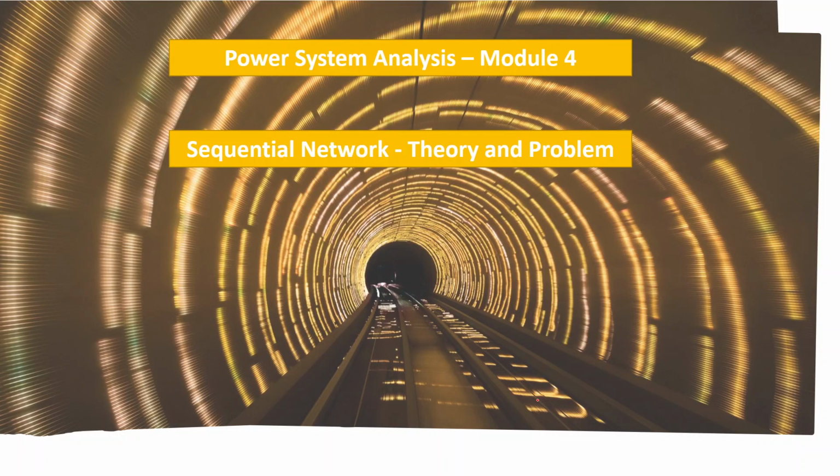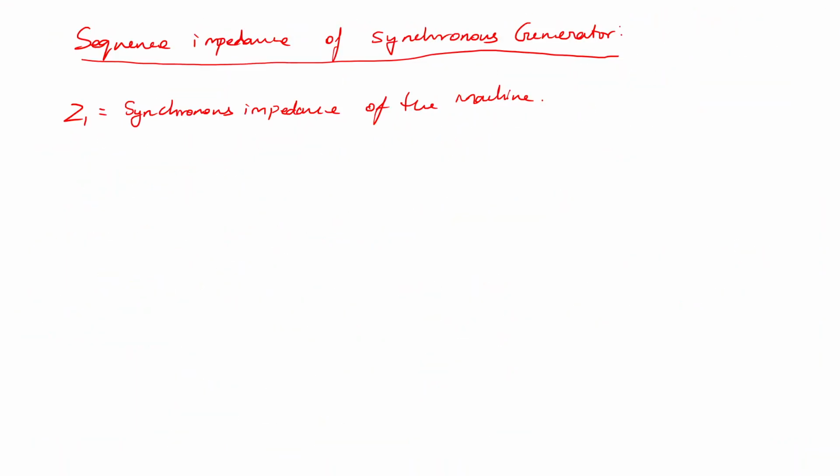Very good. So it is the positive sequence impedance of the synchronous generator, for the balanced condition. And one more thing: is this synchronous generator a static or a rotating equipment? It is a rotating equipment, right?